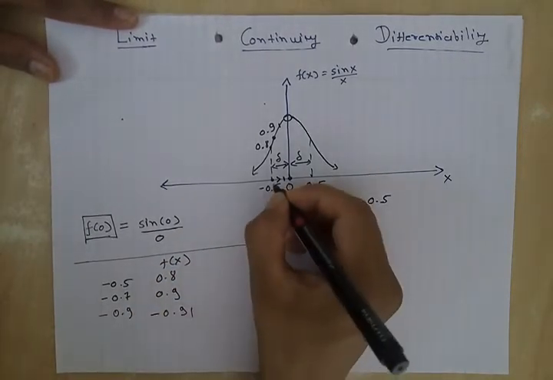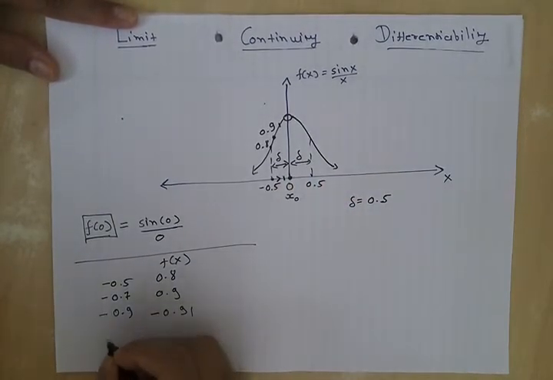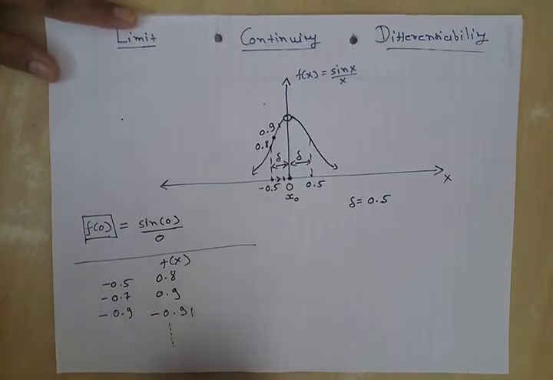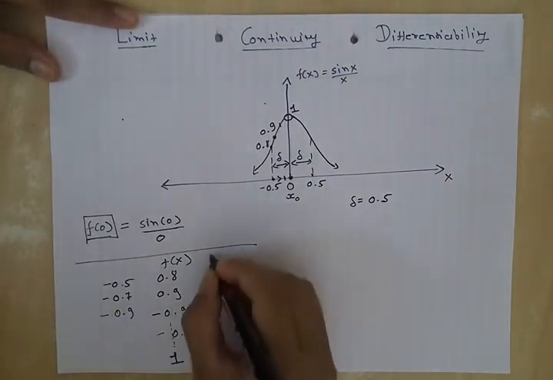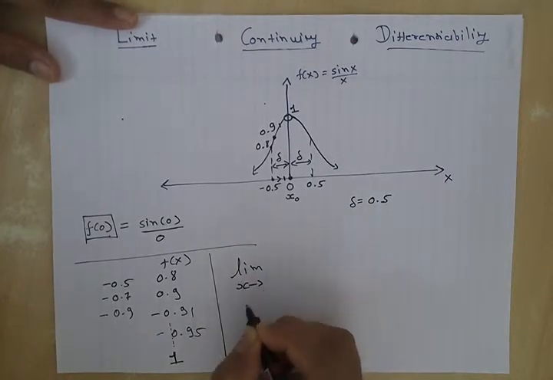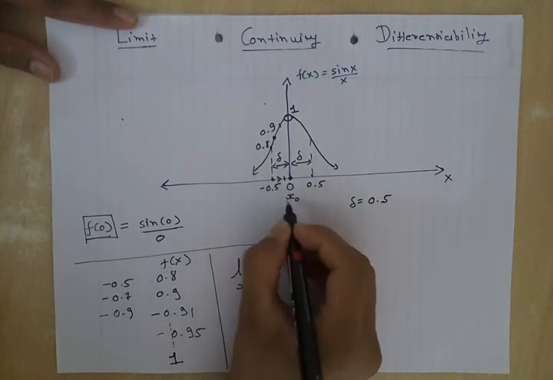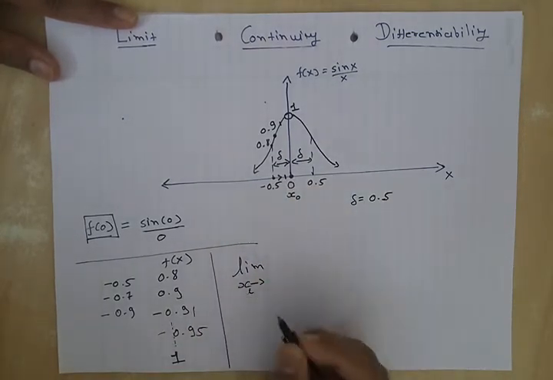Thus, if you approach the value x0 step by step, then eventually the answer will be close to 1. So we can say that as x approaches 0 from the left side, we will write left hand side.